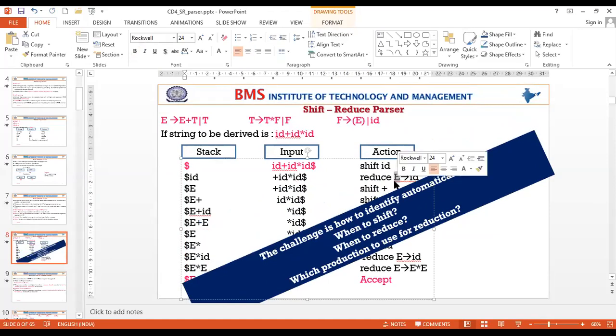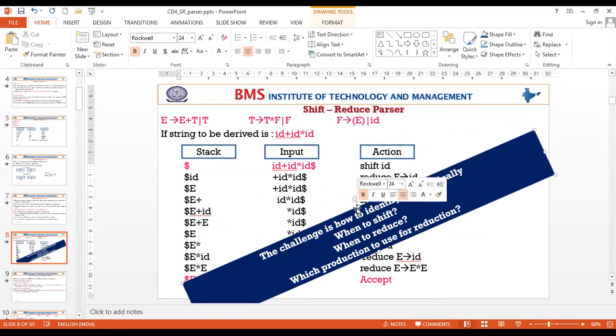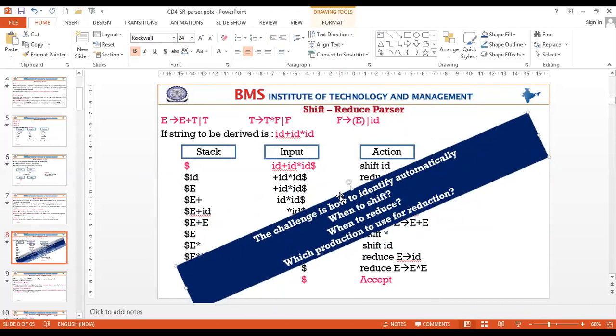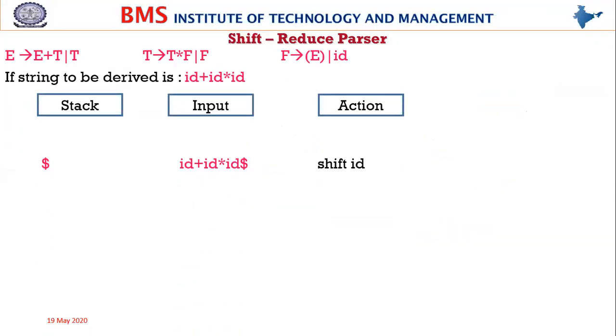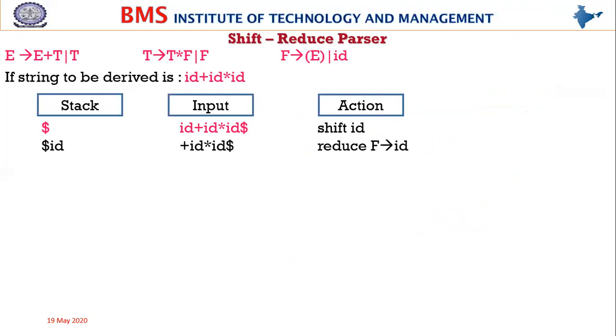F produces ID. So the action is reduce. The handle ID can be replaced by F.